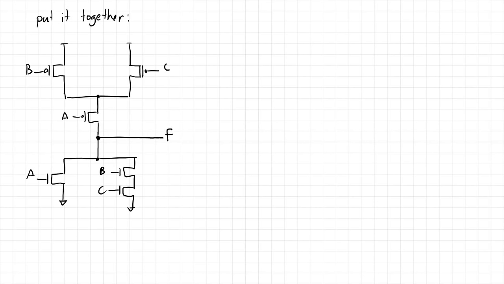Now the beautiful thing about this course, when you construct Boolean logic gates, is that when you're done, you can just check your answer and see if you're right. So let's verify. If A equals 1, what can we say? Well, if A equals 1, the pull down network is always on, and the pull up network is never activated.